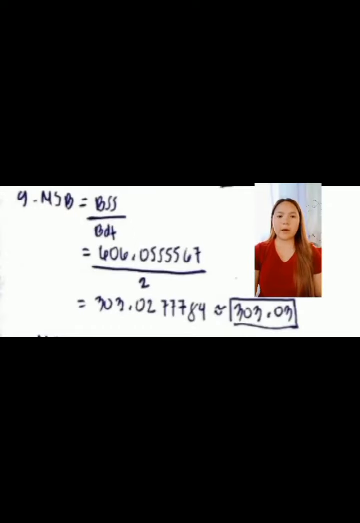Number 9, MSB equals BSS over BDF. So the BSS here is 606.0555567. Divide 2, the total is 303.0277784, or 303.03.